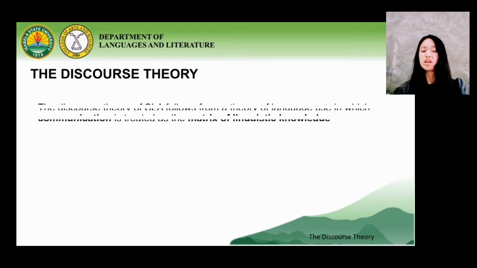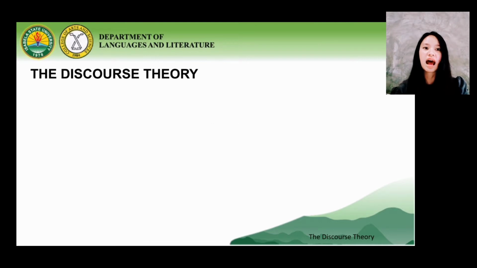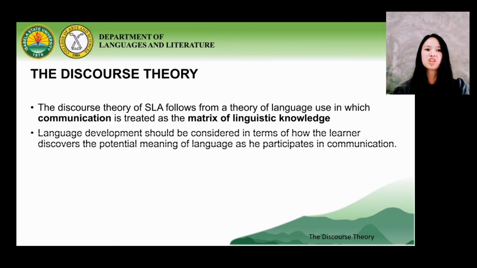So the discourse theory of second language acquisition follows from a theory of language use, in which communication is treated as the matrix of linguistic knowledge, that language development should be considered in terms of how the learner discovers the potential meaning of language as he participates in communication or when the learner is conversing with others.